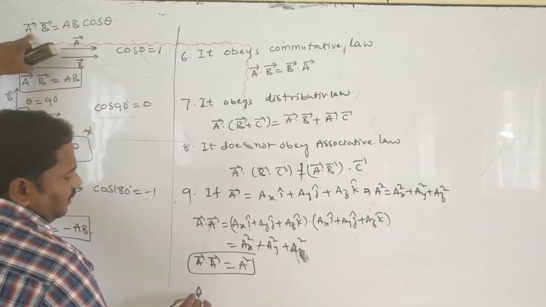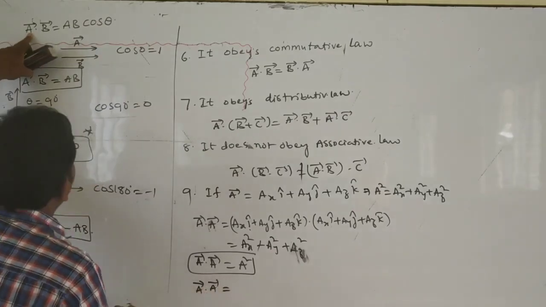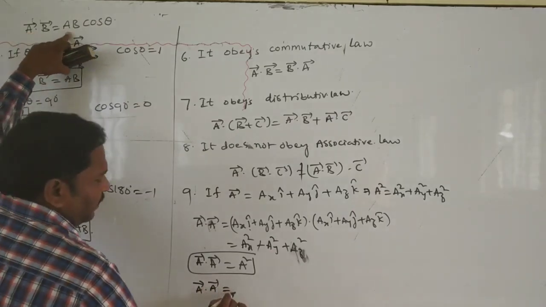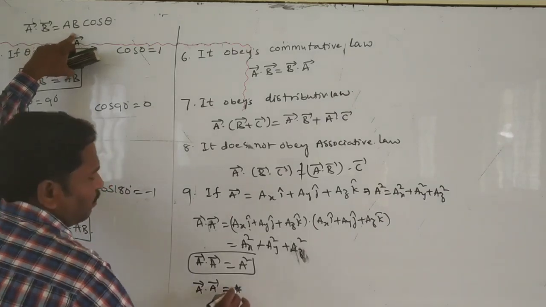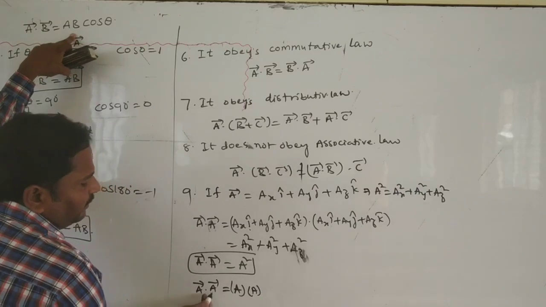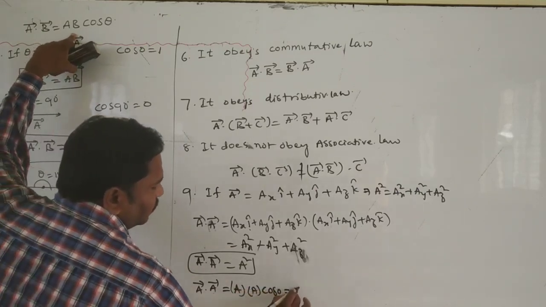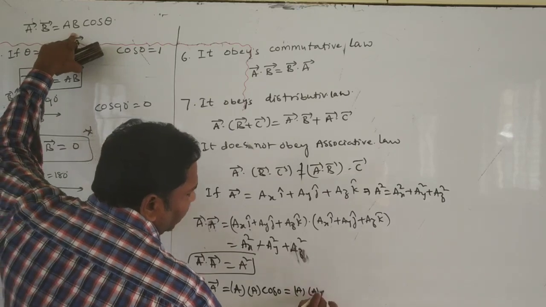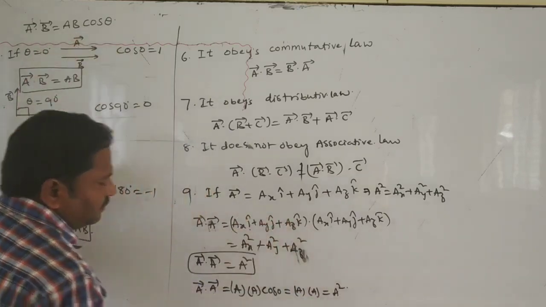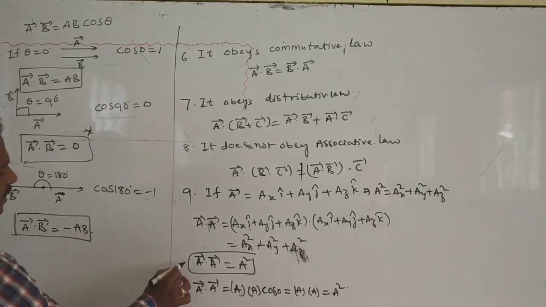See, a bar dot a bar equals mod a bar, which is a, into mod a bar, which is a, cos theta. The angle between a and a is 0, cos 0 is 1. So a into a, so we get the answer a square. In this way also we can write it. So same, both are the same.